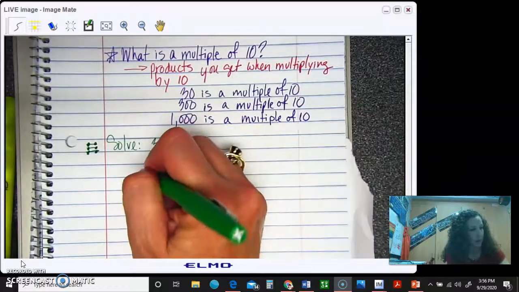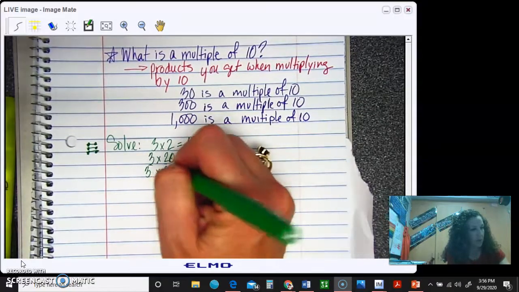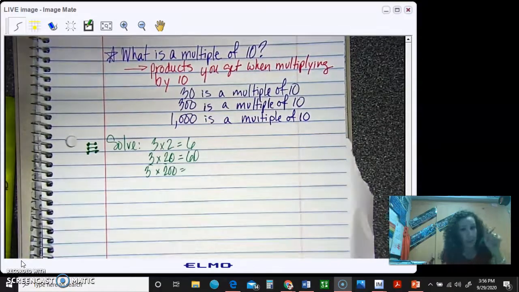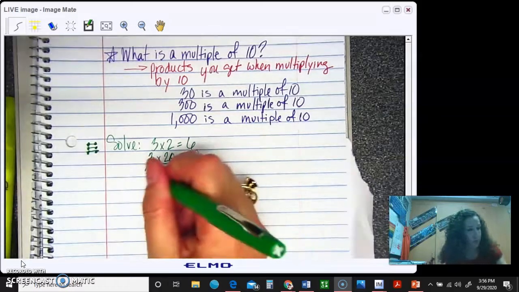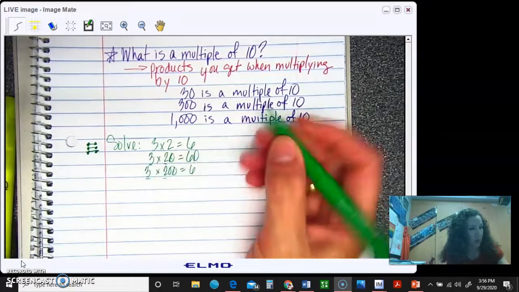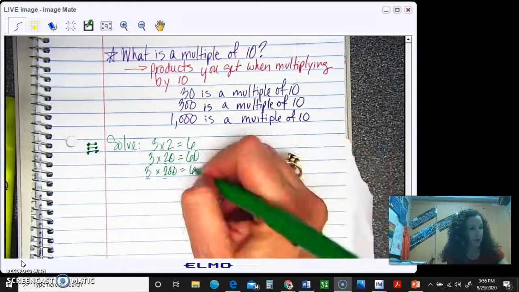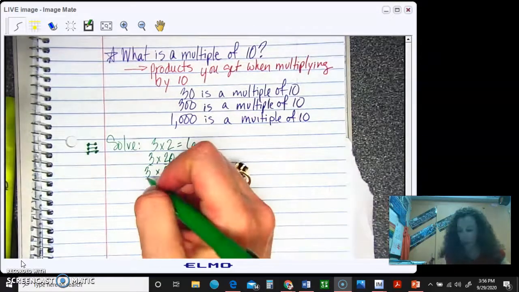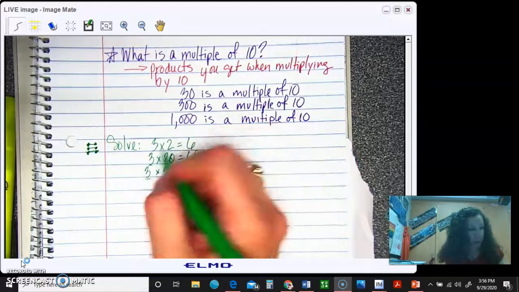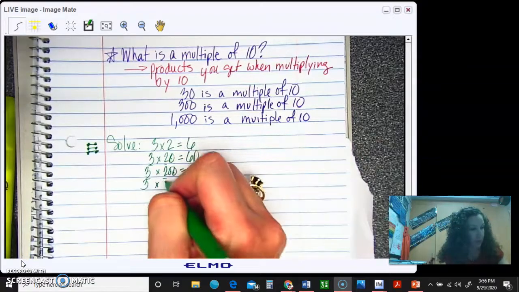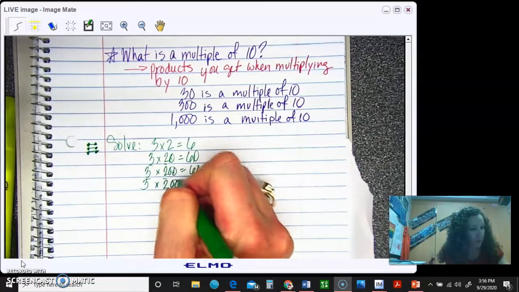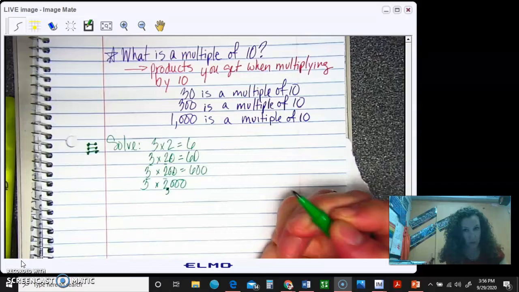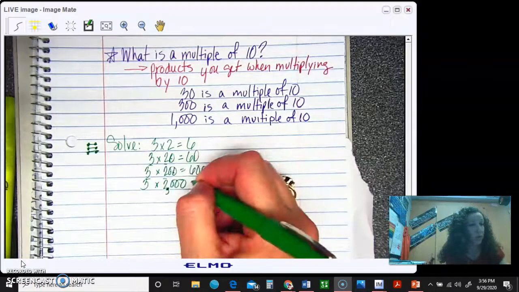Then you have 3 times 200. Can you see where the pattern's going here? 3 times 2 is 6. And you have 2 zeros, and you pop those on the end. You see the pattern here. Okay, now we're going to do one more. Make sure you see that pattern. 3 times, that's a comma, not a decimal, 3 times 2,000.